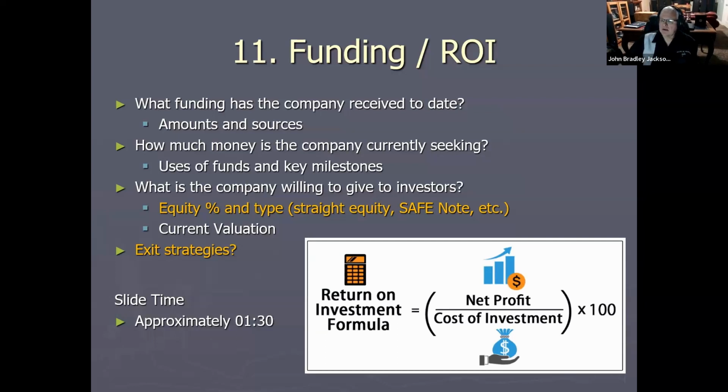And what are you willing to give to the investors? This is the valuation. So today, the pre-money valuation of our company is $4 million based upon the progress of the past 2 years. We're looking to offer an investment of 10% in our company and we're looking for $750,000.